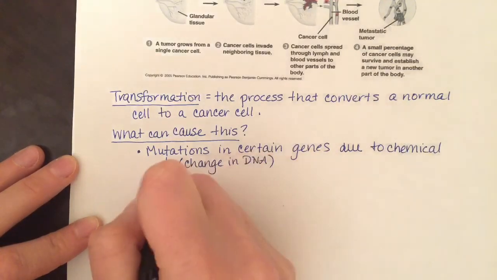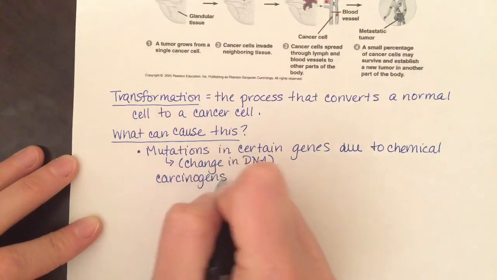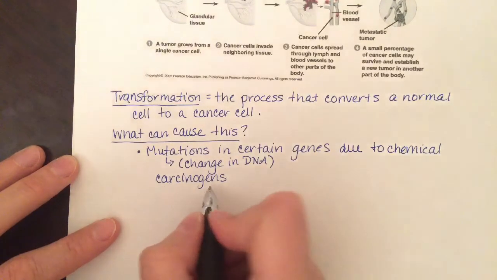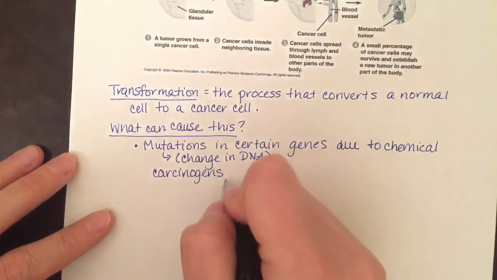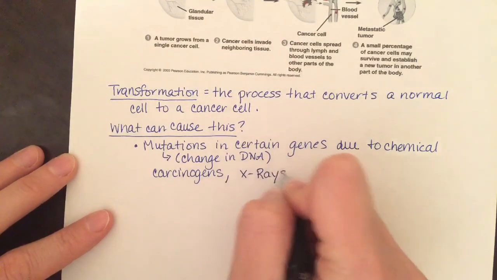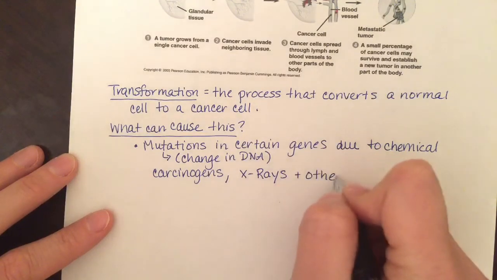Chemical carcinogens. A carcinogen is any chemical that is known to be cancer causing. X-rays can cause this, and other high energy radiation.